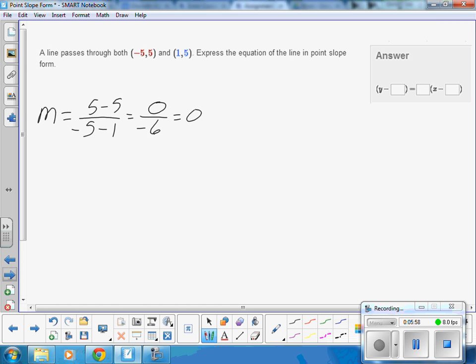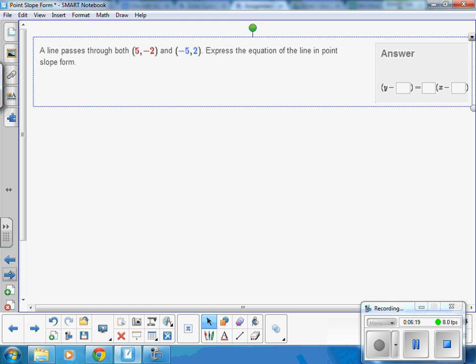So my slope is 0. And then using my red again, my y is 5 and my x is a negative 5. So when I put those numbers in, 0 for my slope, my x and my y, that is my answer.